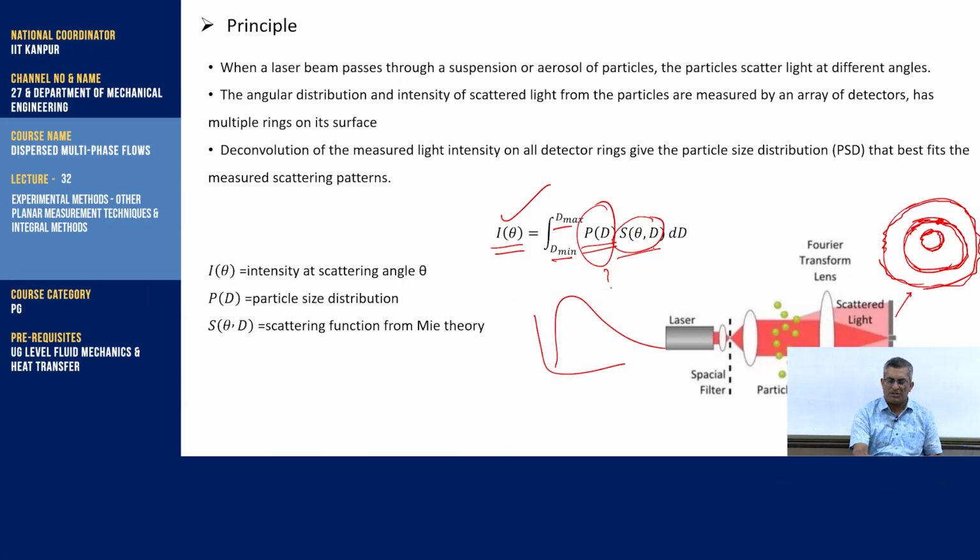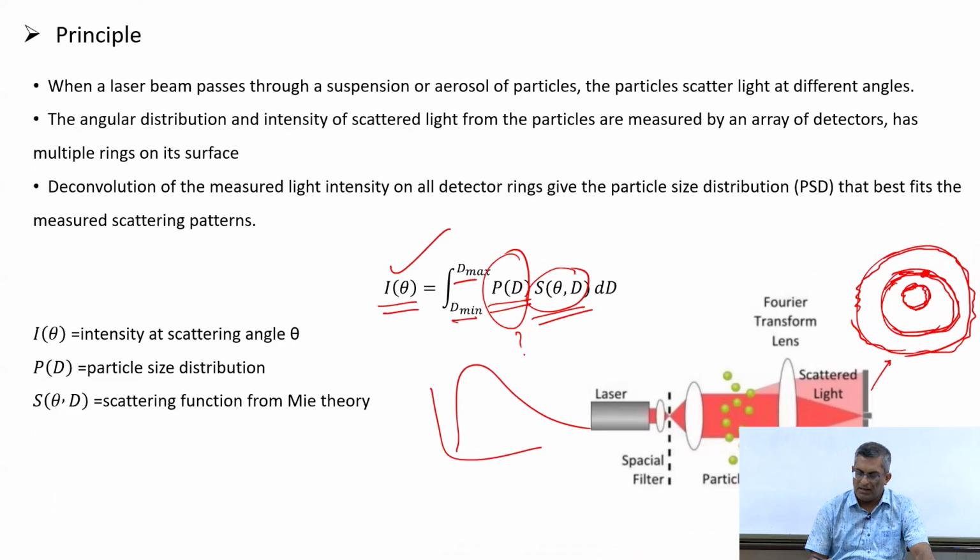So, there is an equation for this, and you try to solve it, and then you get the particle size distribution. But this is not an imaging based technique. As you can see here, the light that you receive is not only integrated across the particle size, but also integrated along the path.